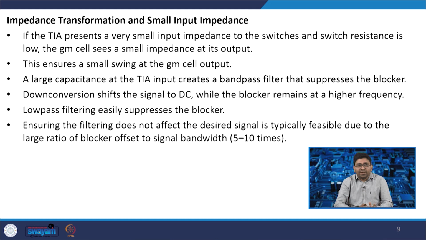So, this low pass filtering easily suppresses the blocker, and it ensures the filtering does not affect the desired signal. This is typically feasible due to the large ratio of blocker offset to the signal bandwidth, and it is 5 or 10 times. So, this phenomenon of up conversion of the baseband impedance will help us to reject the unwanted interference, blockers or jammers.